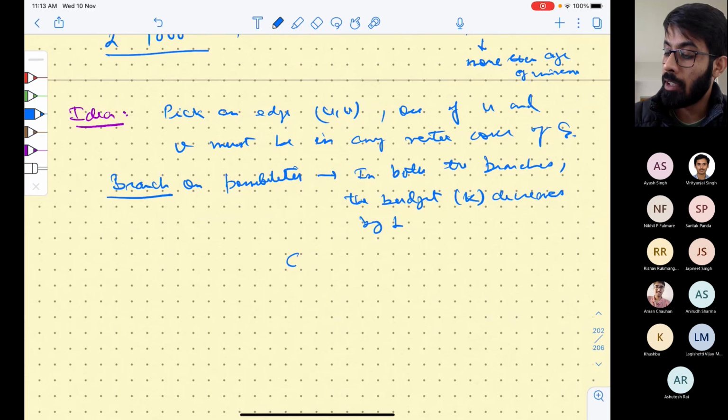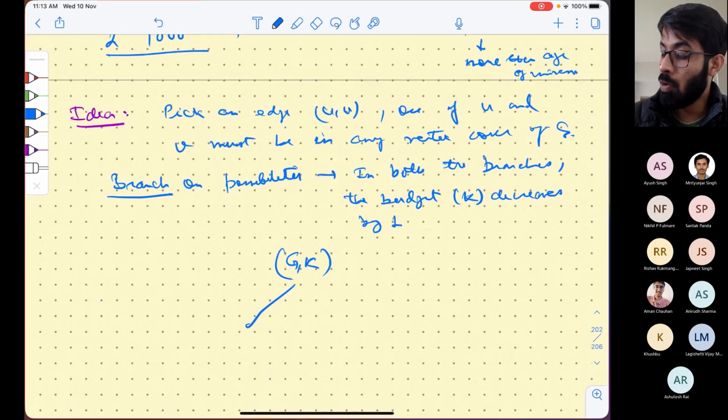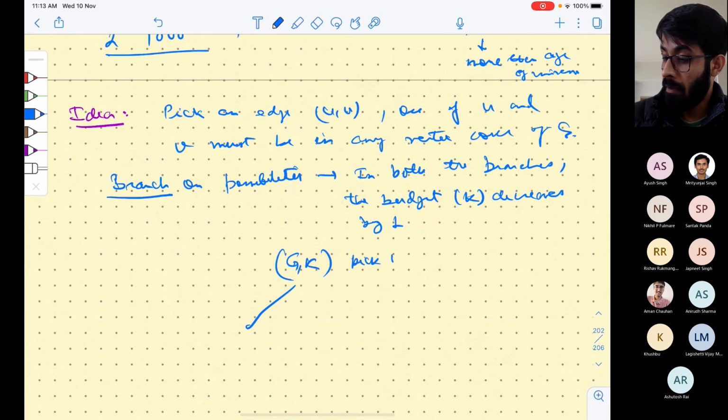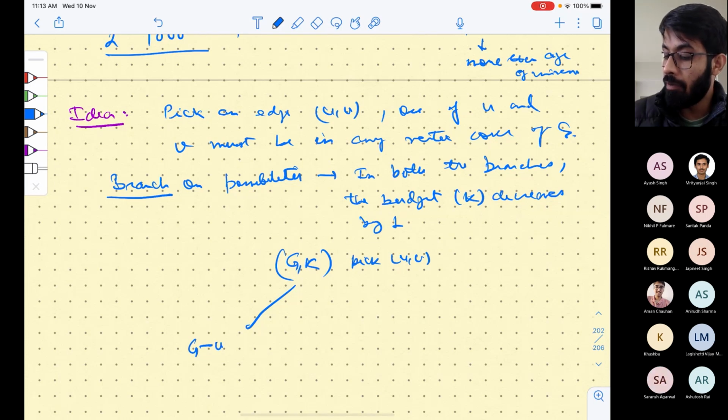Suppose we have this instance of G comma k. What we do is pick an edge uv, and then in one branch we delete u from the graph, because all the edges incident on u have been covered, and we decrease the budget by 1.